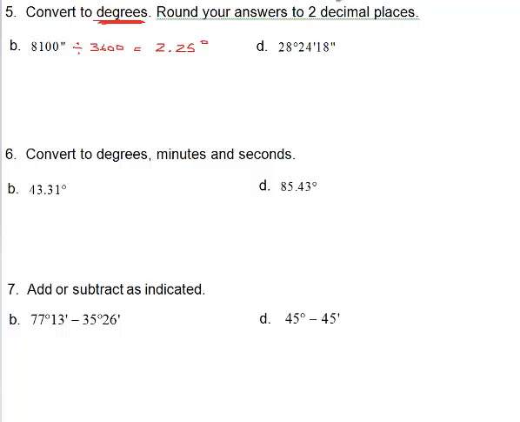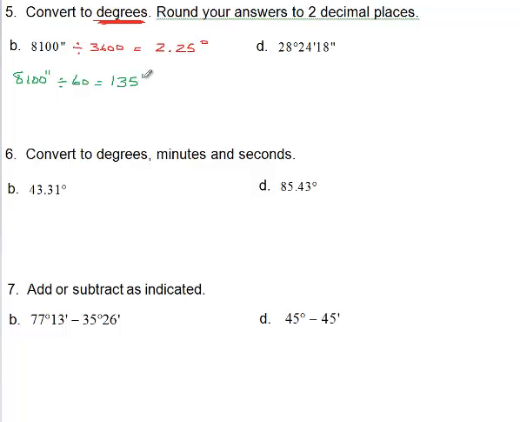Another way to do it, since a lot of people don't use the 3,600 fact, is to take 8,100 seconds and divide by 60 to change it to minutes first. So 8,100 divided by 60, I get 135 minutes.